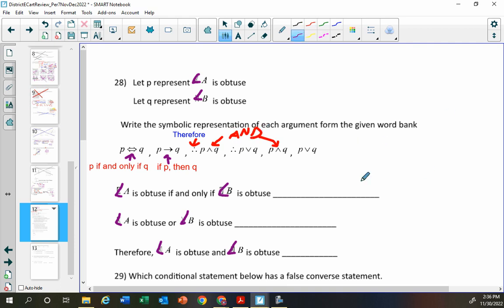Last but not least, you see this symbol. That's the symbol for the word or.